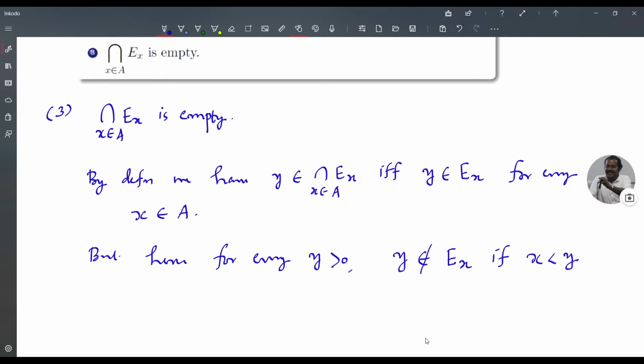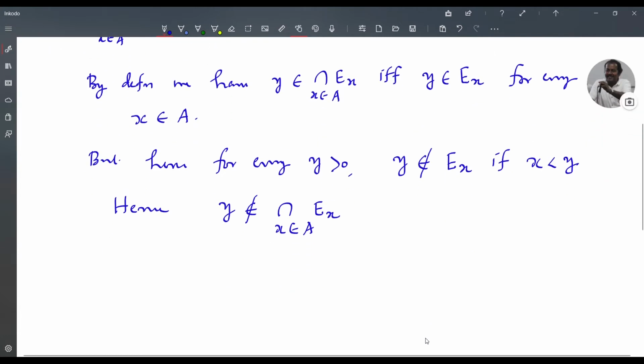Hence, y does not belong to intersection x belongs to A, Ex. Therefore, intersection x belongs to A, Ex is empty.